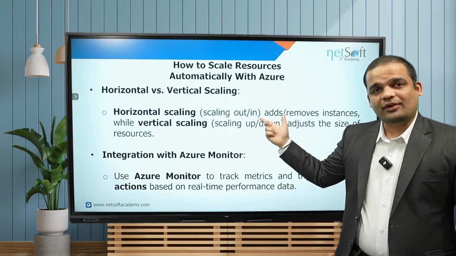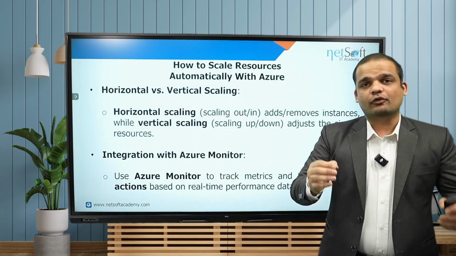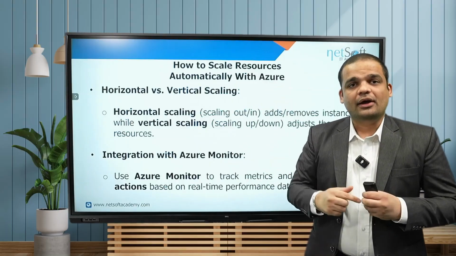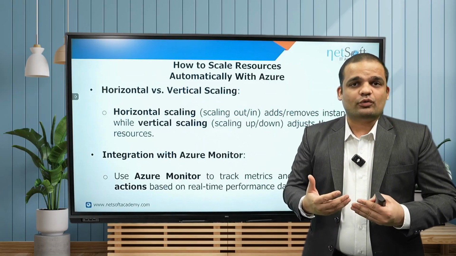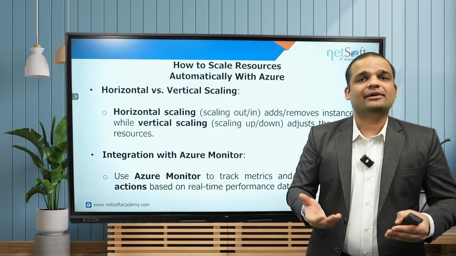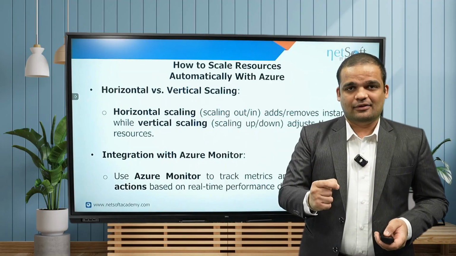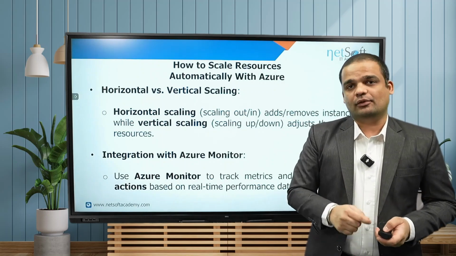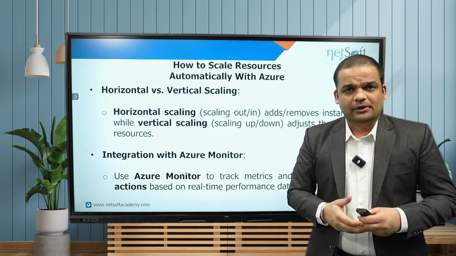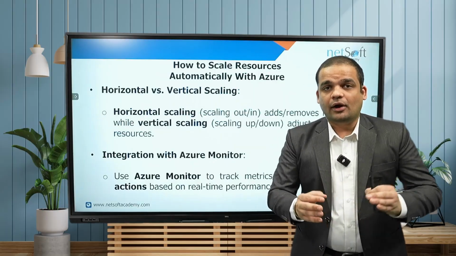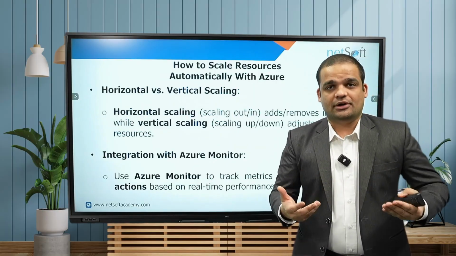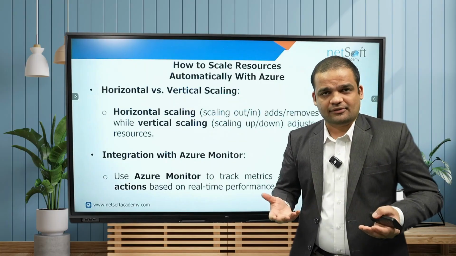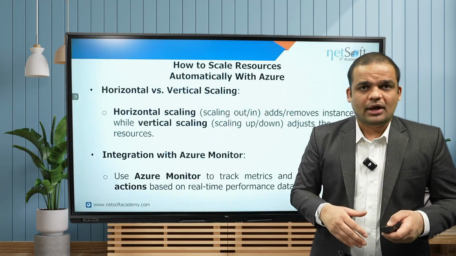And then, what is vertical scaling? Vertical scaling means scaling up or scaling down, the procedure in which you increase or decrease the size or the performance of the resource itself. For example, you can upgrade a VM to a higher tier or reduce it to a smaller size when the demand goes down.